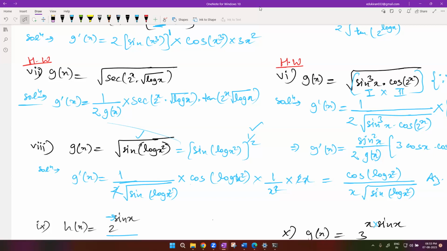We can keep one function constant and differentiate the other. Now, what would be the expression for this? 2 raised to x into log 2 into root of log x. Correct.